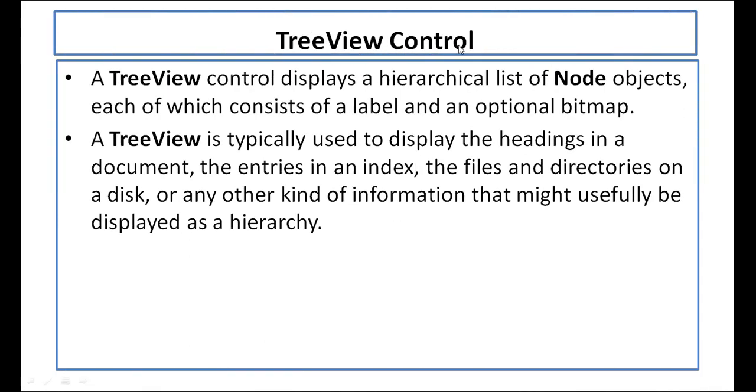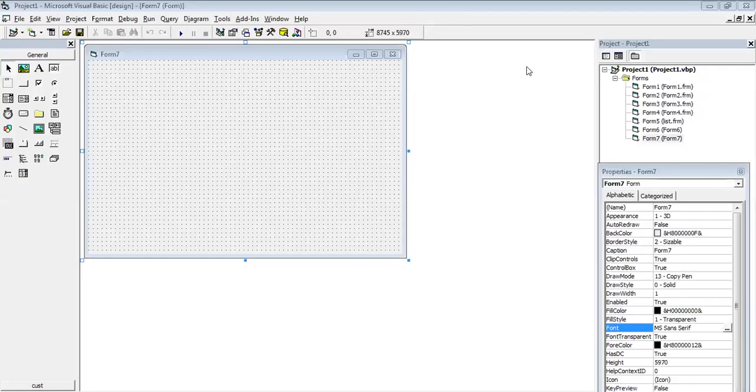Now we will see how to use the TreeView control in Visual Basic. For that purpose, I have to open a Standard EXE form. Now I have opened the Standard EXE form. Here you can see in the toolbox, I have already added extrinsic controls by choosing components, but still we will see it step by step.